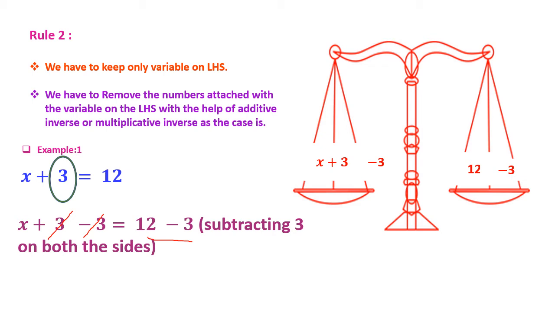So according to rule 2, we have to keep only variable on LHS. And as you can see, the LHS is having in the final step only the variable x. All other numbers get eliminated.